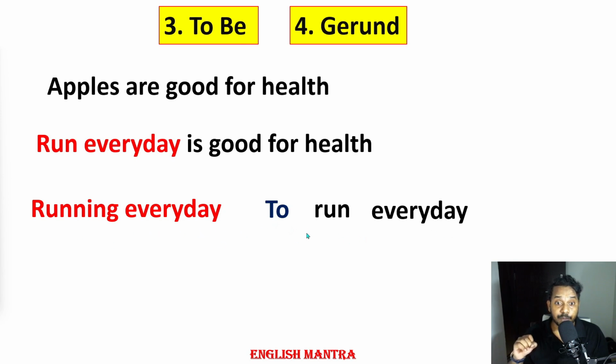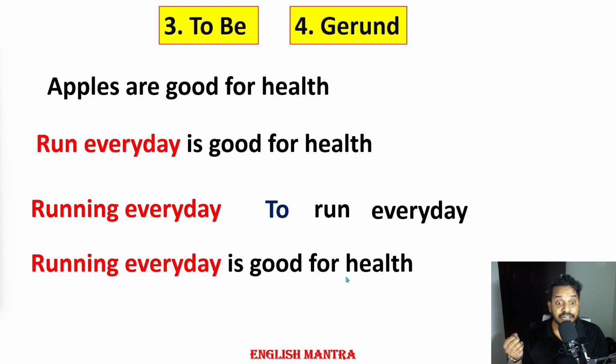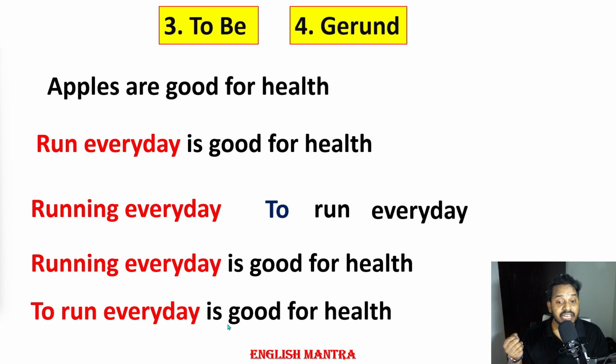Okay, now they both are nouns. See, I can say running every day is good for health, or to run every day is good for health. You might have heard "to err is human", right? There, to err is an infinitive, but we used it in the subject's place. So whenever you see an infinitive or gerund, you can place them in the subject's place or object's place.